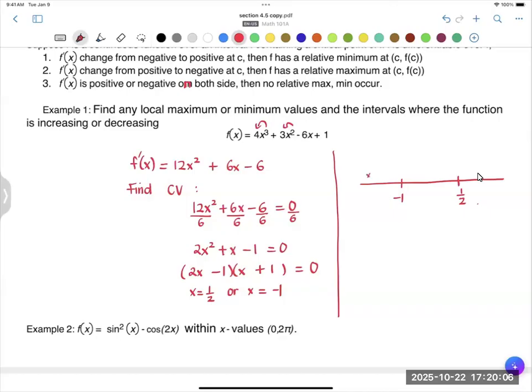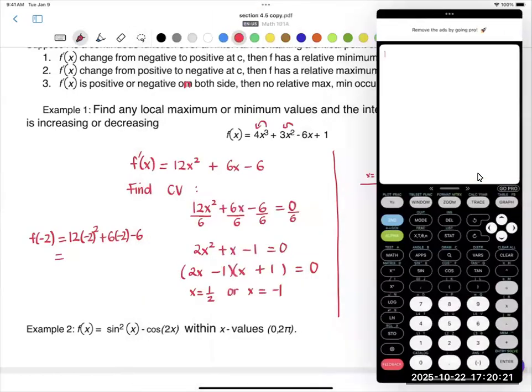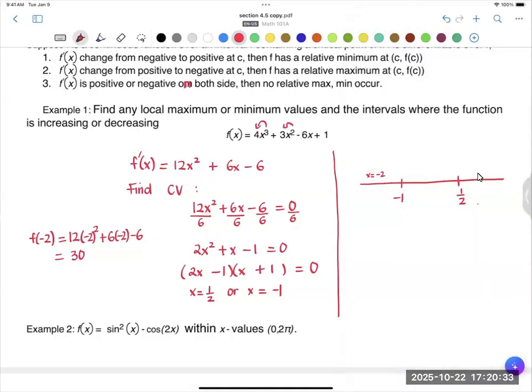So I'm going to pick x equals negative 2, and we want to see what f prime of negative 2 is. F prime of negative 2 is 12 times negative 2 squared plus 6 times negative 2 minus 6, and that's going to be 30, so it's positive. For the number in between, we're going to use 0.